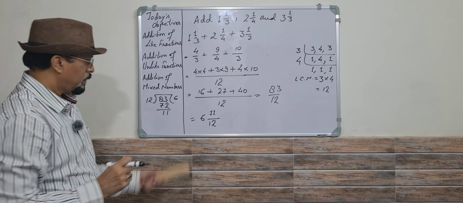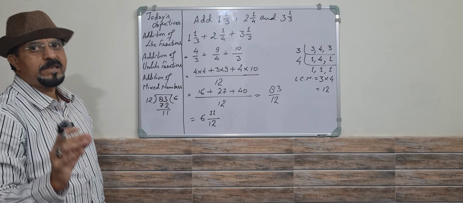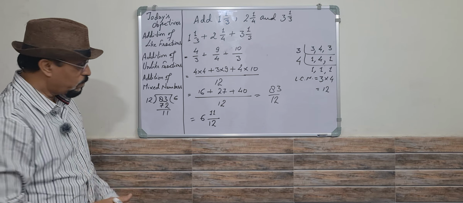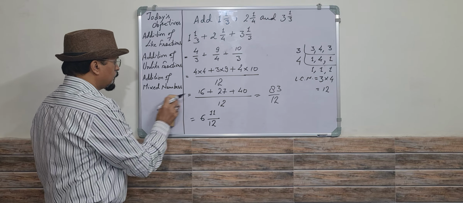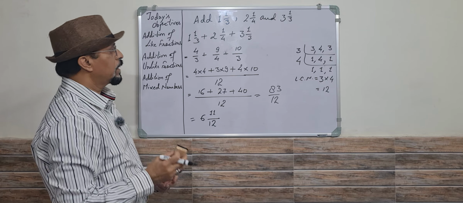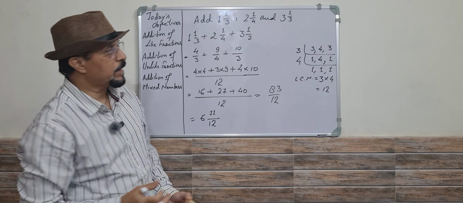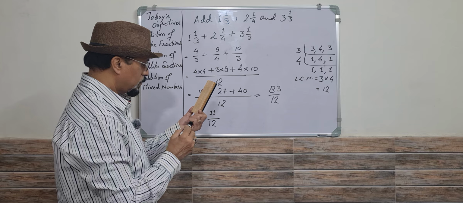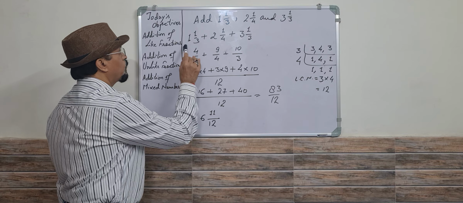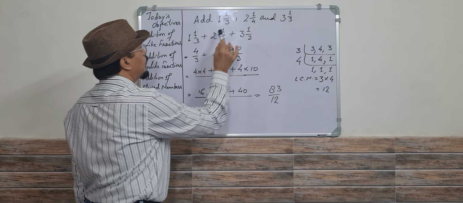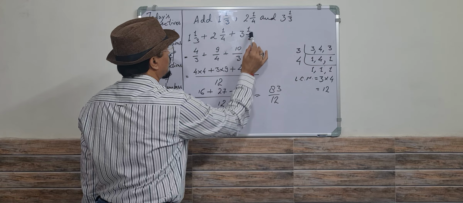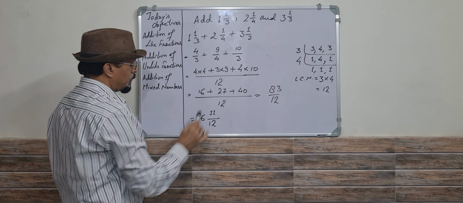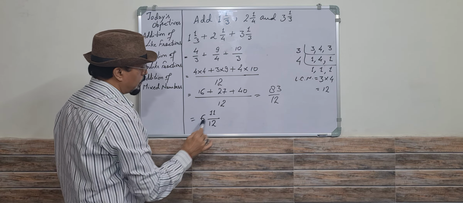I'll advise that tables till 20 should always be on tips, so that these kinds of small calculations can be done quickly. So this is how, if we have to add these three mixed numbers, 1 whole number 1 by 3, 2 whole number 1 by 4, 3 whole number 1 by 3, the final answer is 6 whole number 11 by 12.